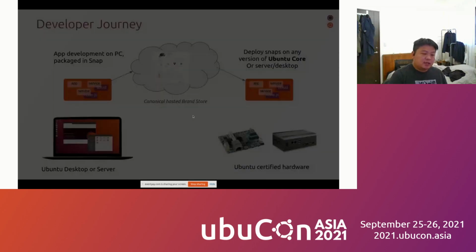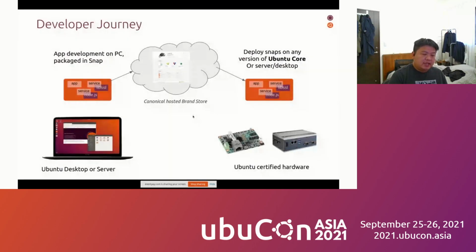So let's look into the developer journey of publishing a Snap for your product or your projects, right? The first thing on the left-hand side is you always need an Ubuntu Desktop or an Ubuntu server to help you build the first snaps.